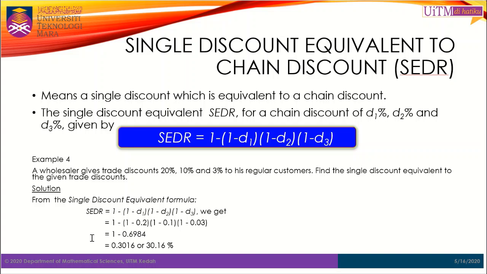The single equivalent discount rate is smaller than the sum of the three chain discount rates. If you add them, you get 33%, but actually the chain discount of 20%, 10%, and 3% is equivalent to only 30.16%, not 33%. That is the use of SEDR, or single discount equivalent rate.